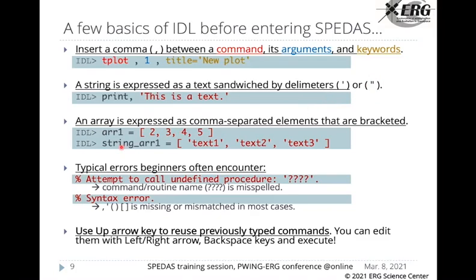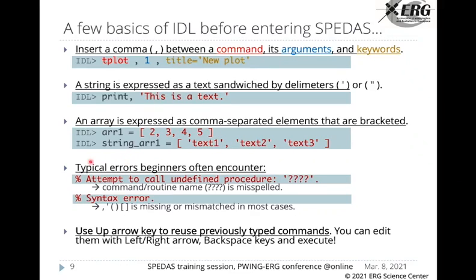And also you can make a numerical array and a string array in IDL, but in that case you have to bracket numerical arrays like this, and also bracket string arrays, but each string element should be sandwiched with single quotations as I mentioned.